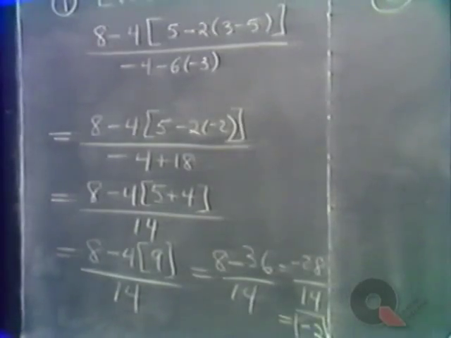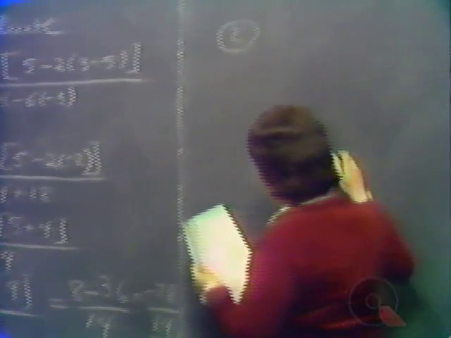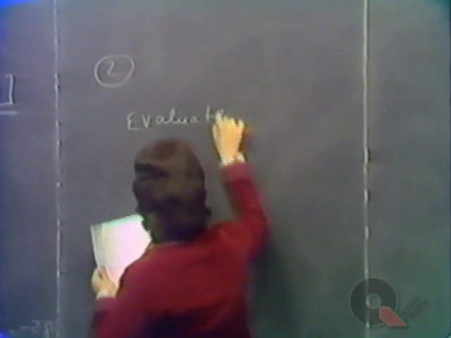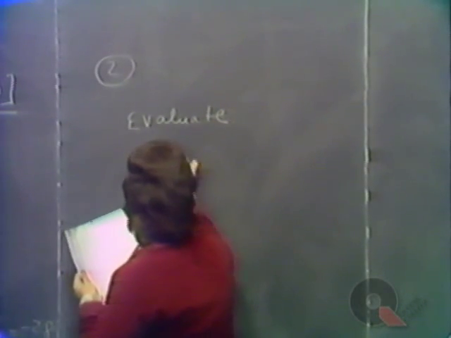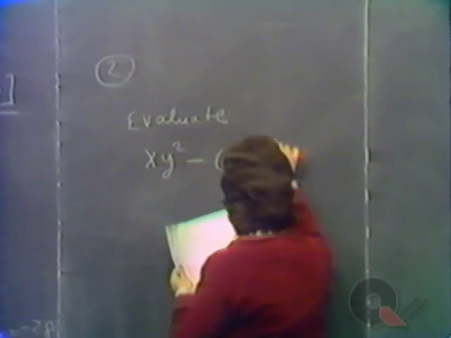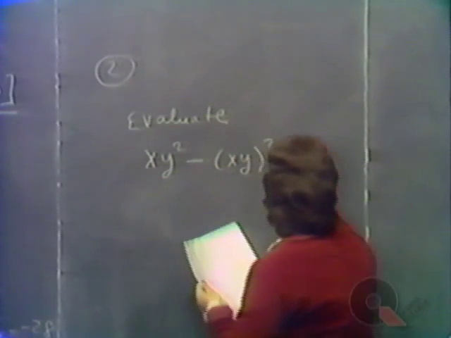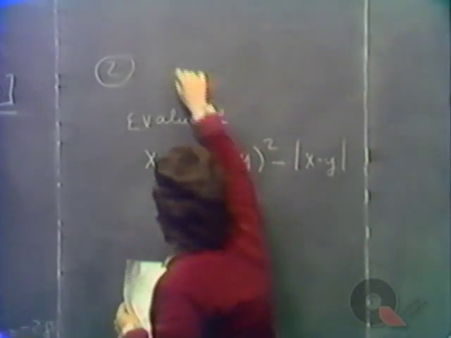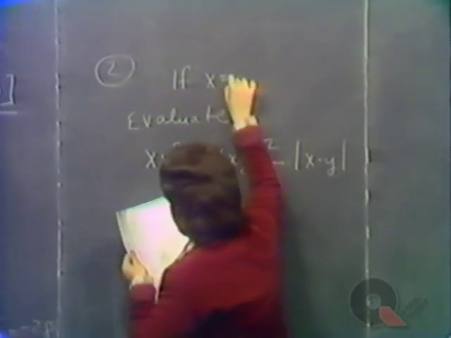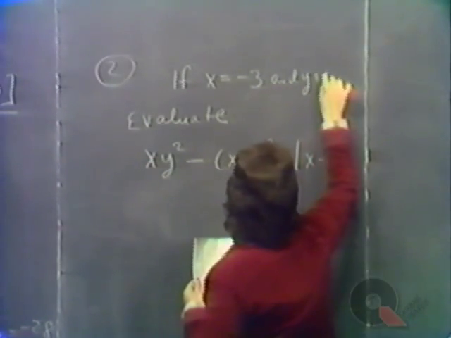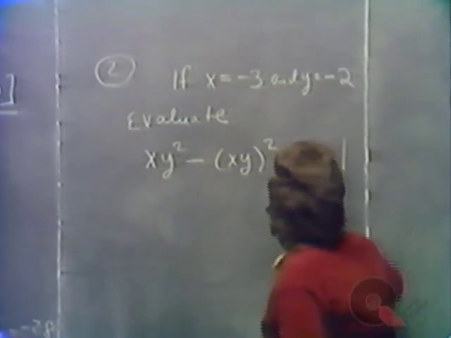For our second example, we want to evaluate the following expression: xy squared minus x times y quantity squared minus the absolute value of x minus y, if x equals minus 3 and y equals minus 2.